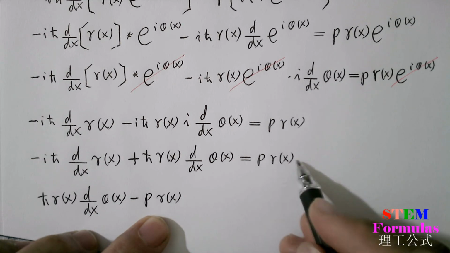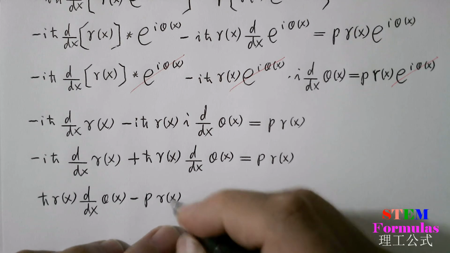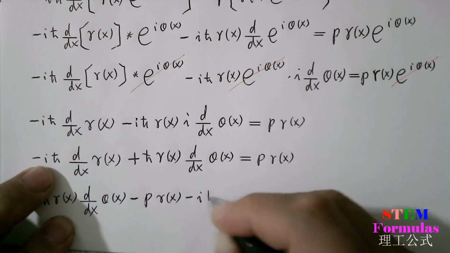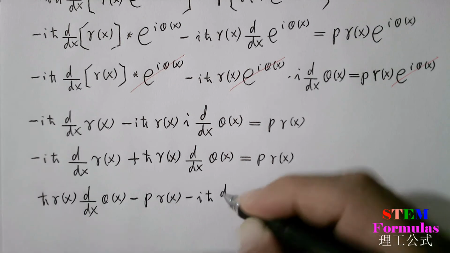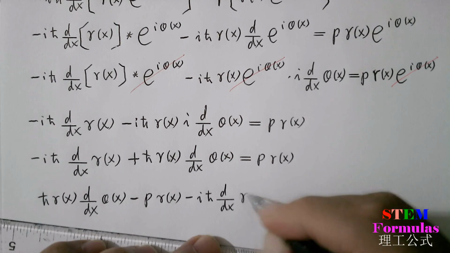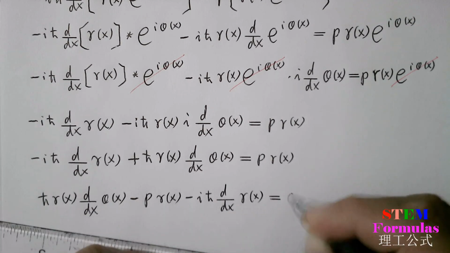I just move this term to the left and change the minus sign. Minus i h bar d/dx r of x. This whole expression equals 0.